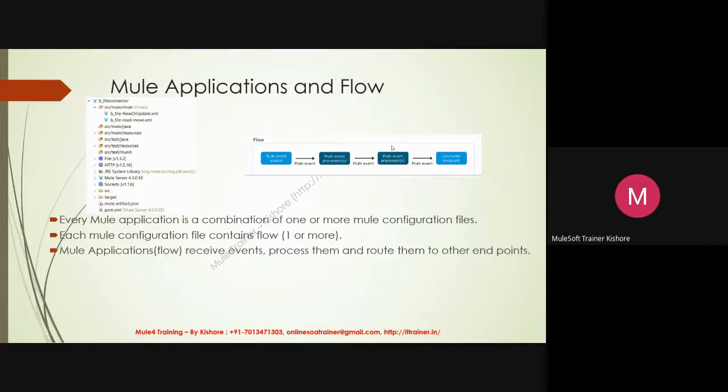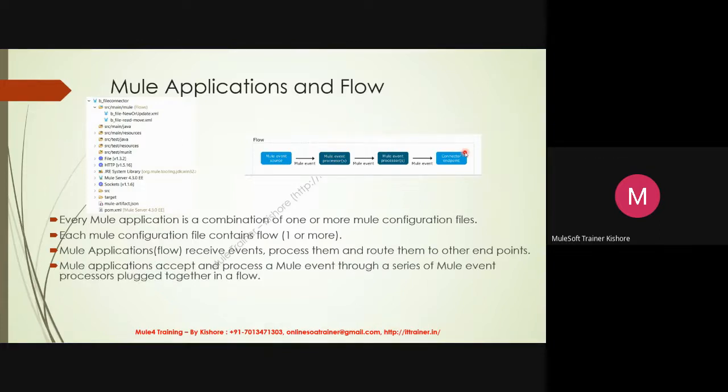So each Mule application, or indirectly each flow, receives what? Events. The request is called an event here, and then it processes them and routes them to other event processors or another endpoint. Inside a Mule application, I have a configuration file. Inside the configuration file, I have a flow. Inside the flow, I have a source which receives the request and then hands over that request to the next components.